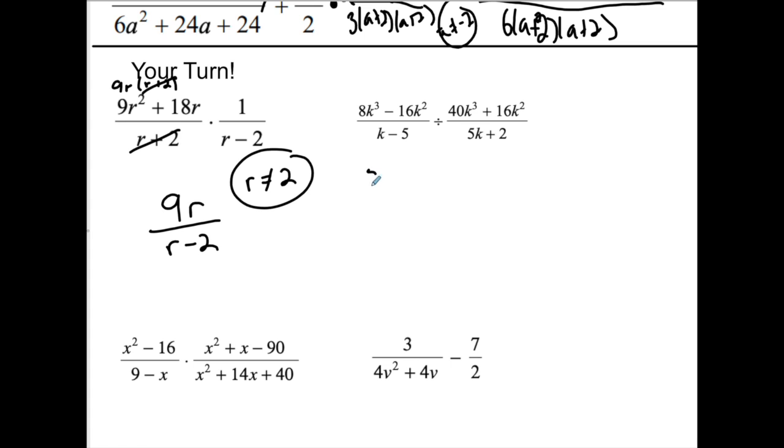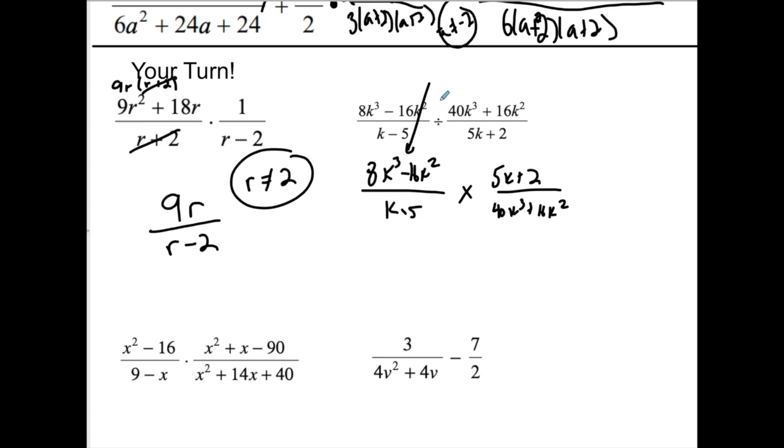Okay, here we'll start with the flip. So 8k cubed minus 16k squared over k minus 5, times 5k plus 2 over 40k cubed plus 16k squared.